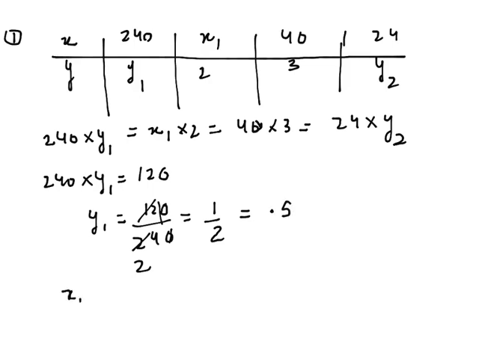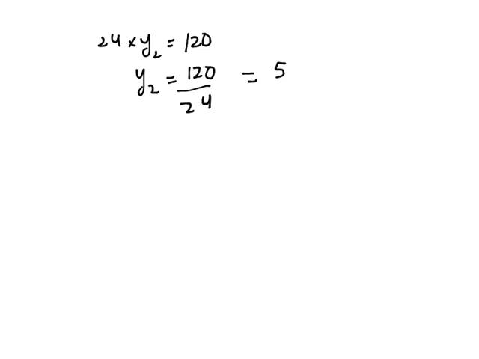Again x1 times 2 will be equal to 120, that is 40 times 3. x1 will be 120 divided by 2, that is 60. Now the last one is y2. 24 times y2 will be equal to 120. Now y2 will be equal to 120 divided by 24. That means y2 will be equal to 5. 24 times 5 will be 120.